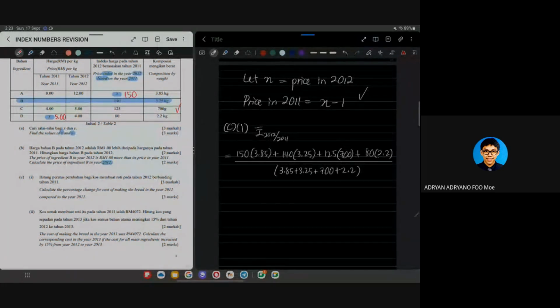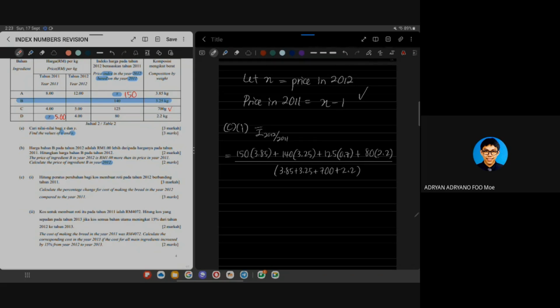If you write this, even if your concept is right, I don't think you will get the marks. Why? Because of your unit. You see there is 700 gram. So it should be what here? 0.7.